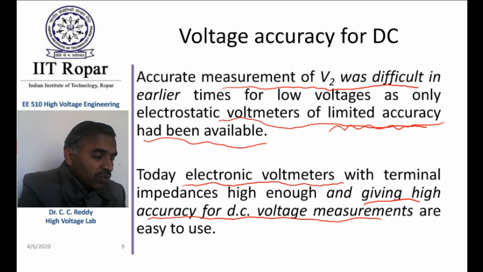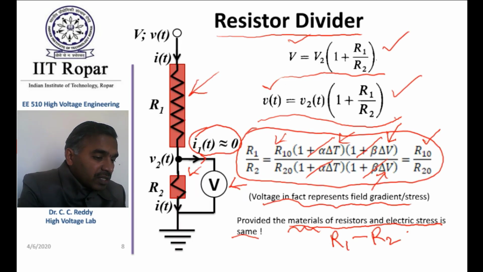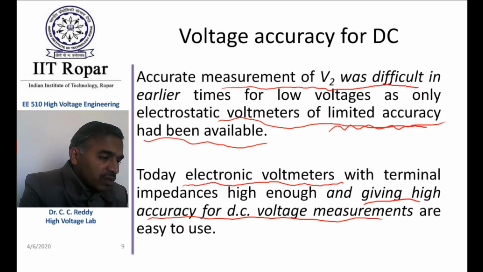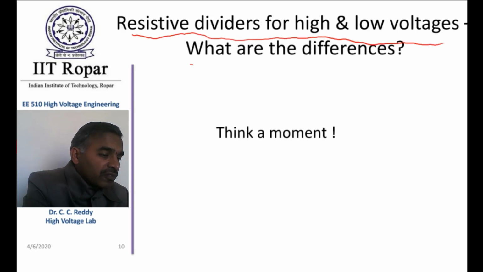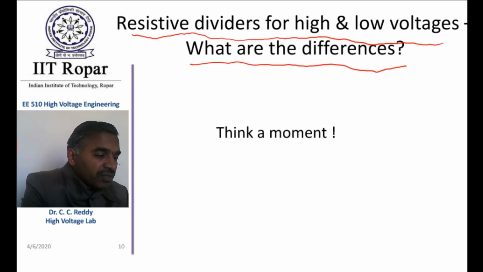So this way the voltage divider mentioned here can be used, and the principle, as I pointed out earlier, is the same for high voltages as well as low voltages. But whether there are any differences or not, if the principle is the same, everything is the same. So resistive dividers for high and low voltages, what are the differences?